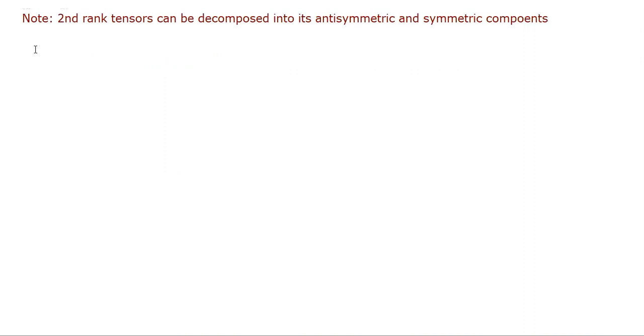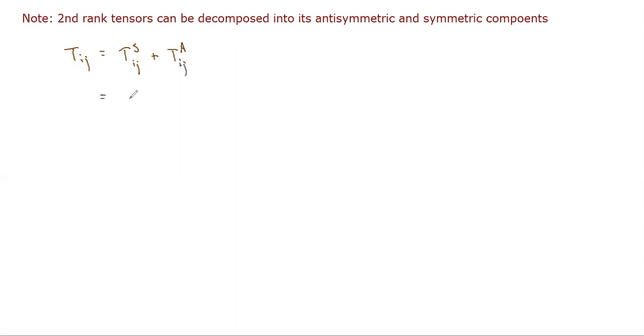You can take a second rank tensor and symmetrize and antisymmetrize it. So let's say I have Tij. I can express that as a symmetric part plus an antisymmetric part.